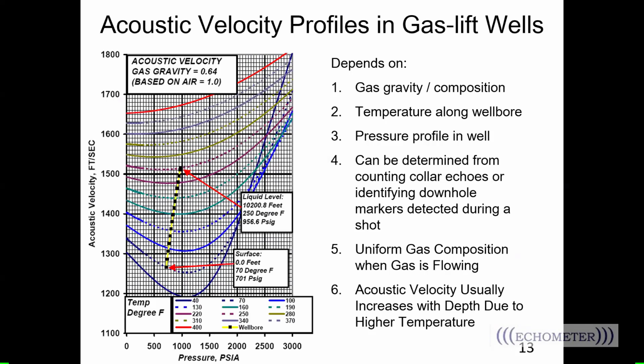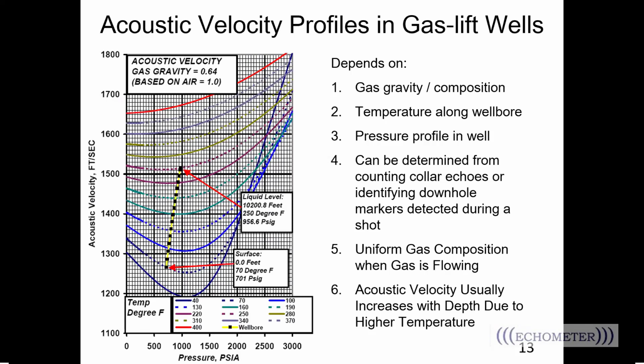But right now what TAM does, it doesn't do the acoustic velocity between each valve. It does the average from the surface to the downhole marker. And we would want to have the method that the Model H has that does the acoustic velocity between each valve. And then you'd be able to see the individual acoustic velocities versus between each valve depth. And then you could compare that to what it should be based on pressure and temperature.